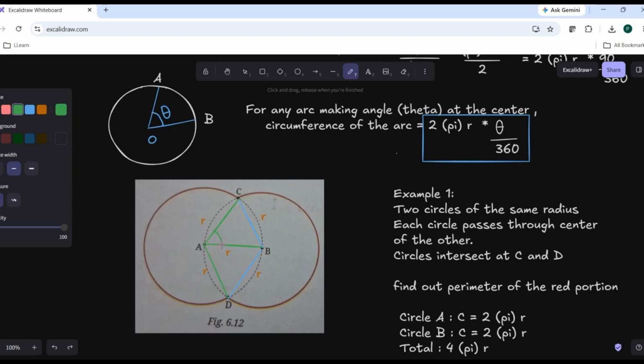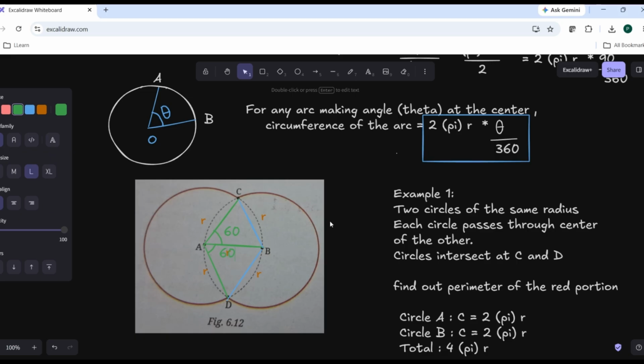What is this angle? This is 60 degrees. And similarly, what is this angle? This is also 60 degrees.